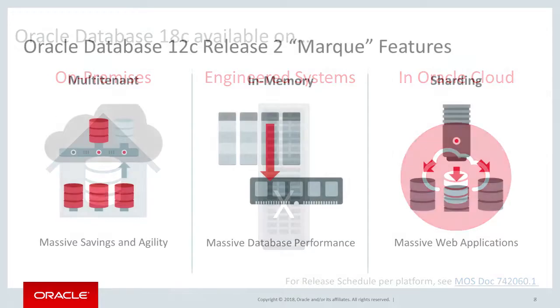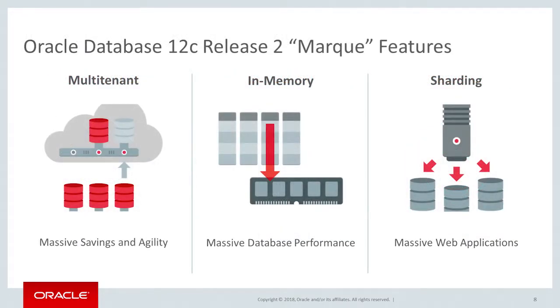So if we look at the three key components of Oracle Database 12c, we have the new multi-tenant architecture, we have Oracle Database InMemory, and we've introduced a sharding capability. Now, with multi-tenant, we gave customers the ability to do massive consolidation of their databases.